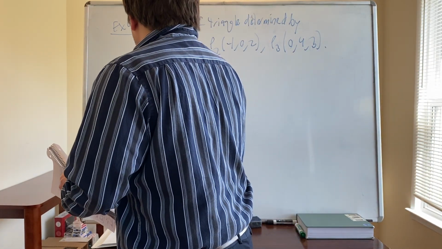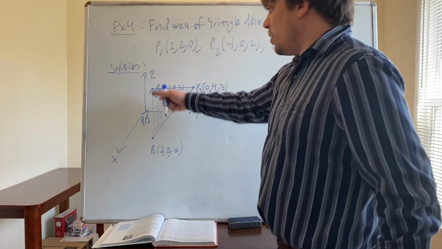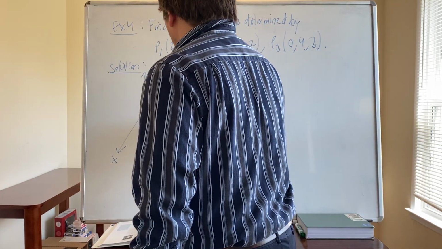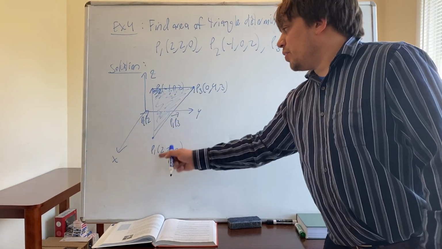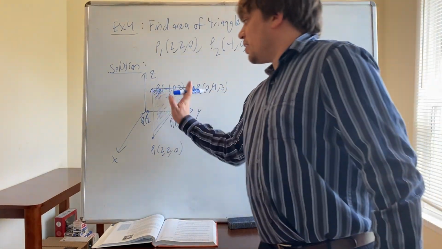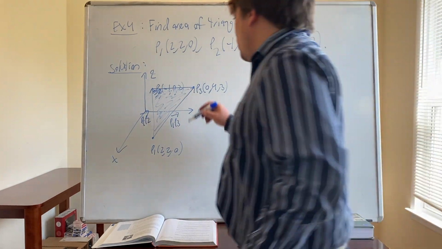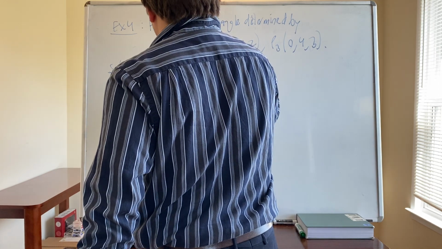Let's look at the vector P1P2, the vector that starts at point P1 and ends at P2, and the vector P1P3 that starts at P1 and ends at P3. Then the vector P1P2 and vector P1P3 are adjacent sides of a parallelogram. And so this is the parallelogram determined by P1P2 and P1P3.